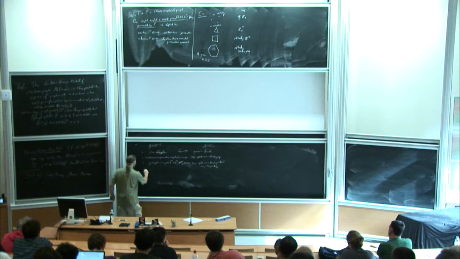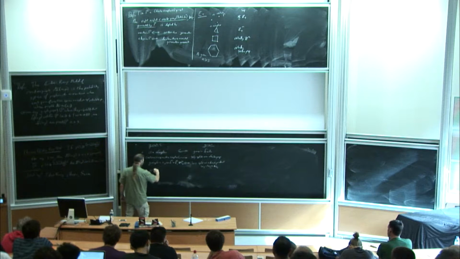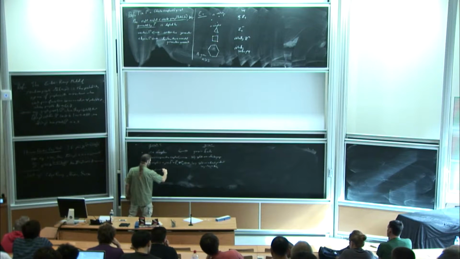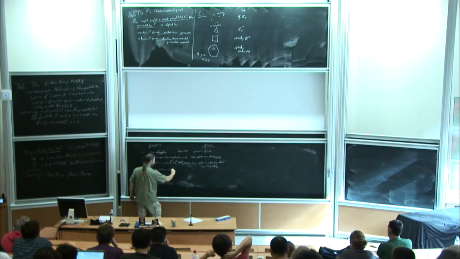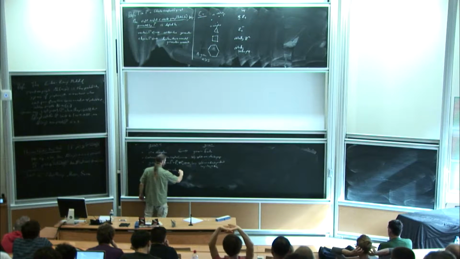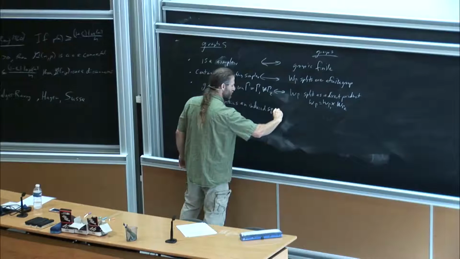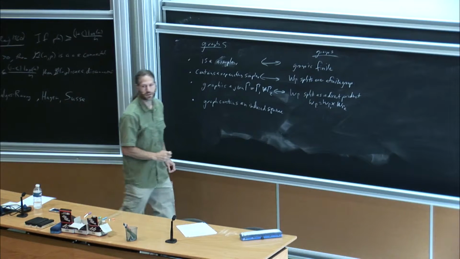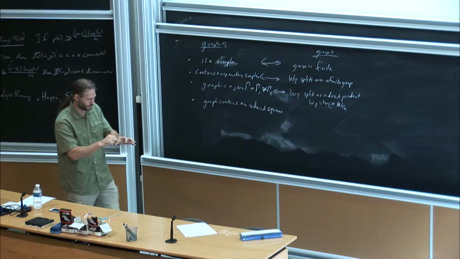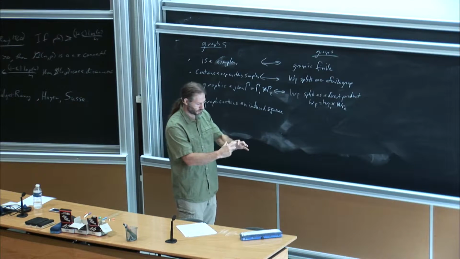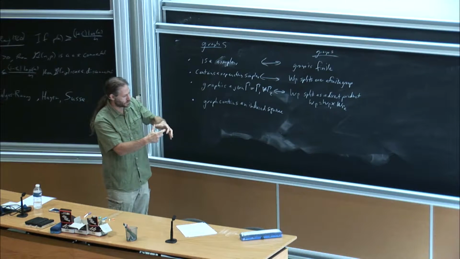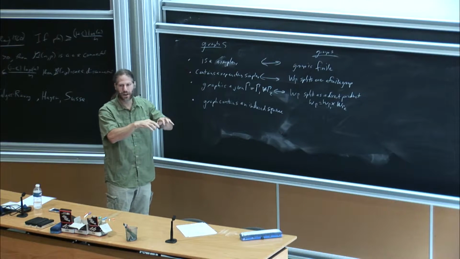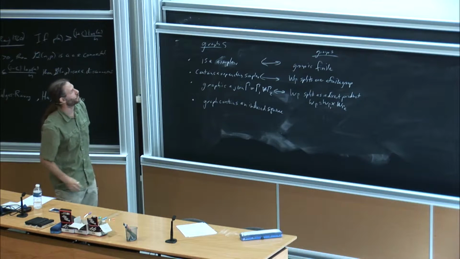So the third one maybe to think about is containing squares. So the graph contains an induced square. Okay, so by induced square I mean that you draw a square, and it's an induced square if none of the diagonals are secretly there inside the graph.